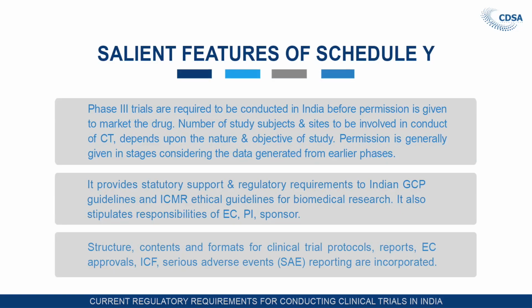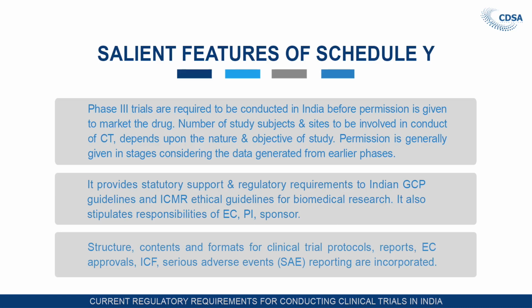So, it means for the drug substance to be marketed in Indian market, the phase 3 trials are required to be conducted. The number of subjects and the number of sites involved in these phases are not mentioned here, and it depends upon the nature and objective of the study of clinical trials.